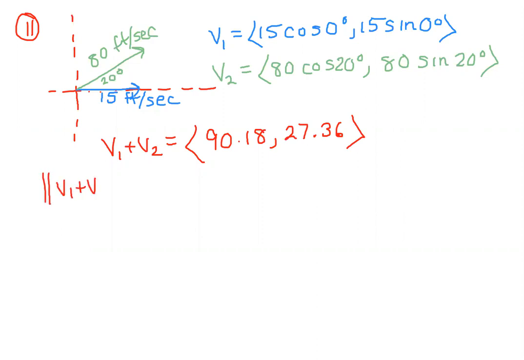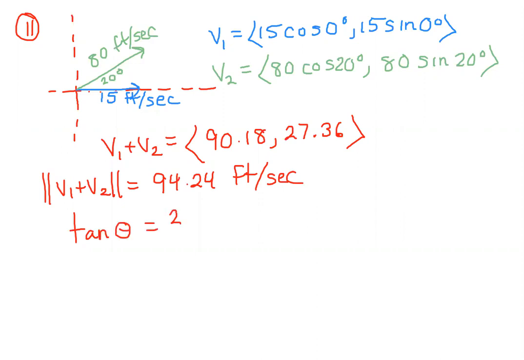So our magnitude comes out to 94.24 feet per second. And our angle is this. And what quadrant is this in? It's in quadrant 1.